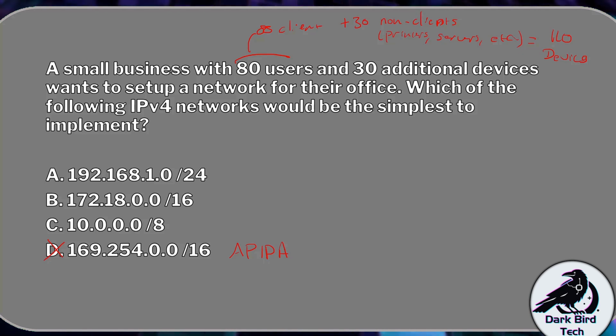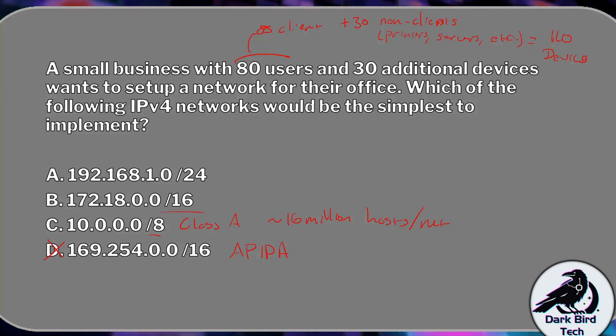So what they're looking at here is, do you know the effect of a Class A, a Class B, and a Class C network? This being Class A, and a subnet mask like that, you are looking at around 16 million hosts per network. I think that's a bit overkill for a network where we just need 110 host addresses for these devices.